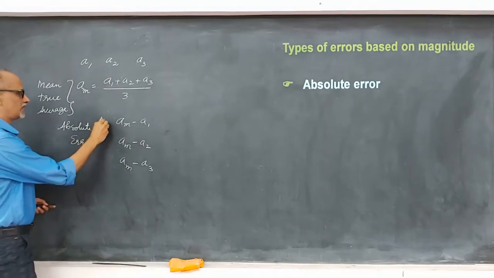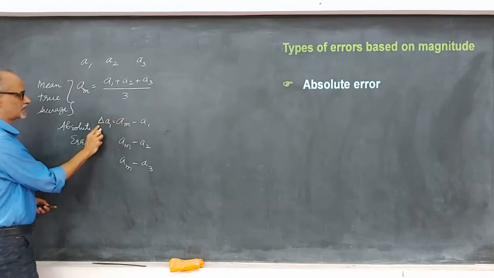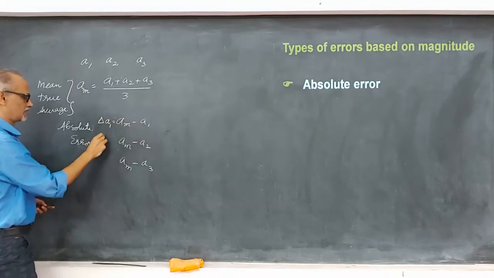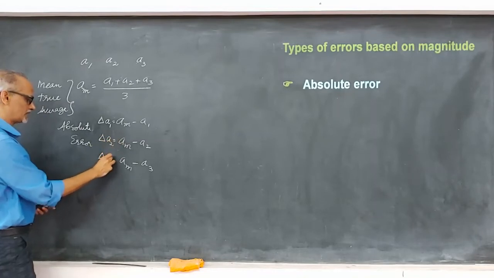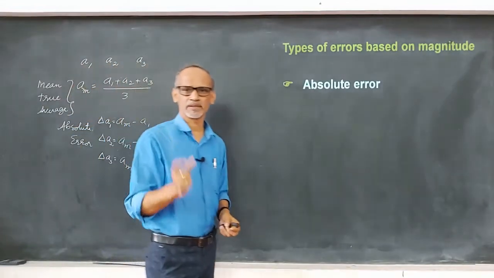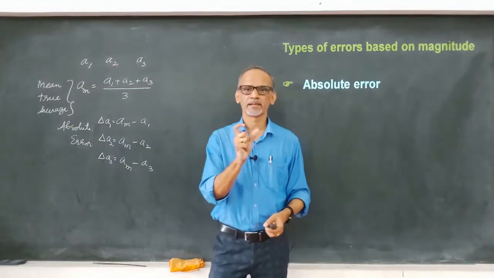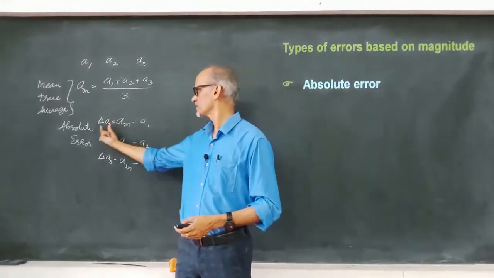The symbol I will write is delta A1, the absolute error of the first trial, then delta A2, delta A3. We use the symbol delta always whenever we find the difference.